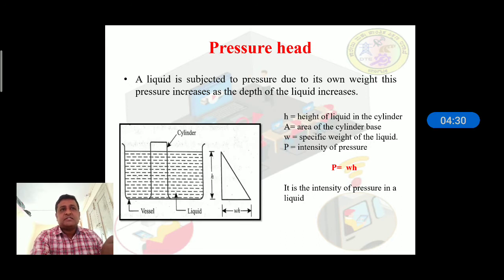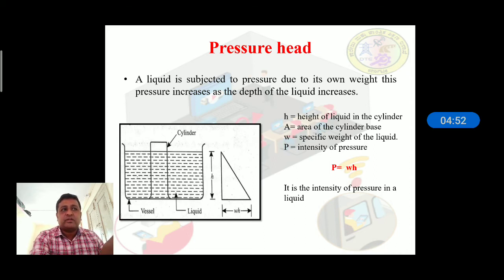Here, H is the height of the liquid in the cylinder, A is the area of the cylinder base, W is the specific weight of the liquid and P is the intensity of the pressure.